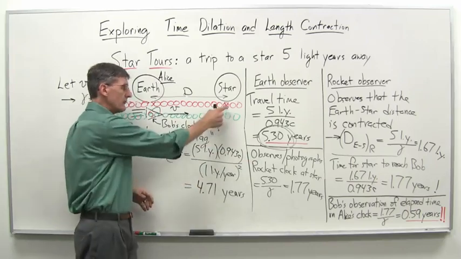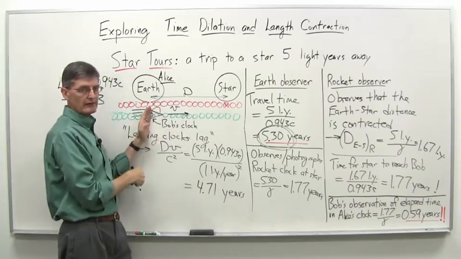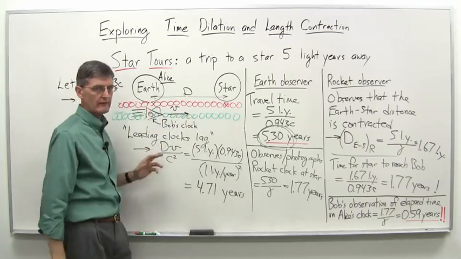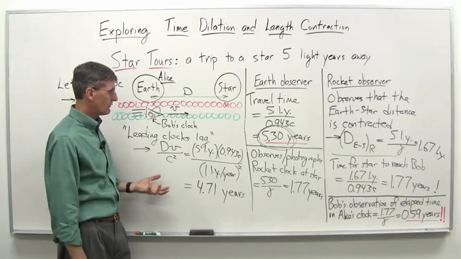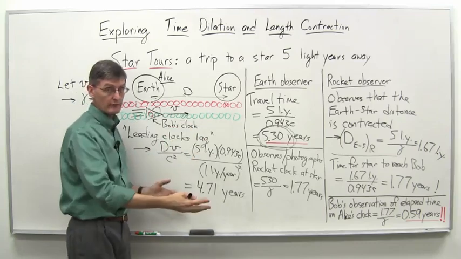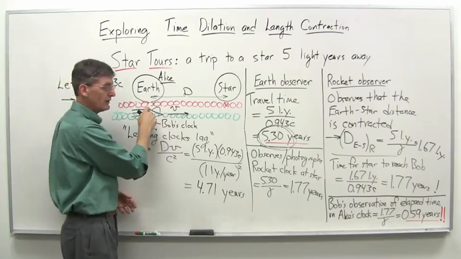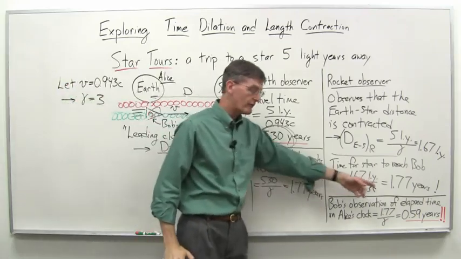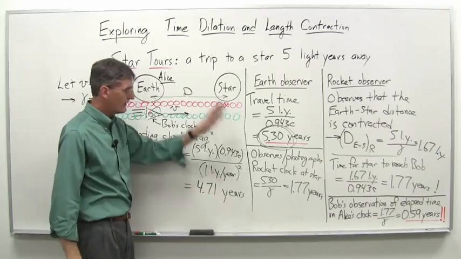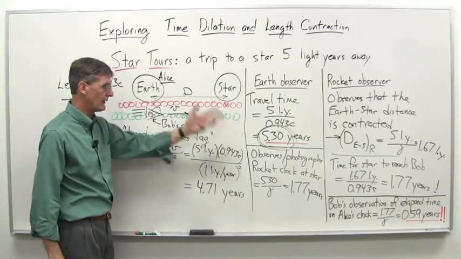But this clock back here at the star, when Earth is right next to Bob, is already 4.71 years ahead because of the leading clock's lag factor, the relativity of simultaneity. So it's reading 4.71 years right here, according to Bob's perspective, and then Bob watches it tick off as it gets closer and closer, and when it reaches here, it has ticked off an additional 0.59 years. 0.59 years plus the starting value of 4.71 years gives us the 5.3 years, and Bob says, yes, of course your clock says 5.3 years.